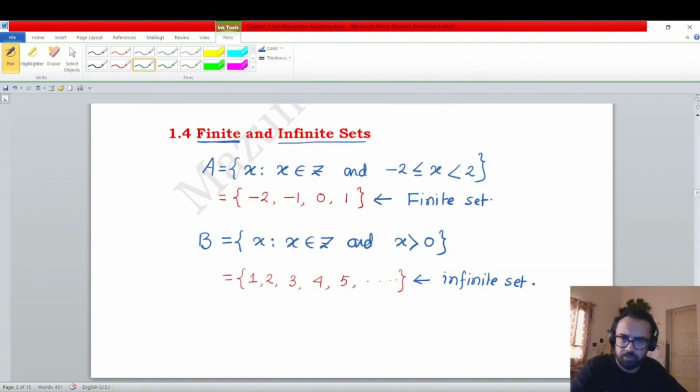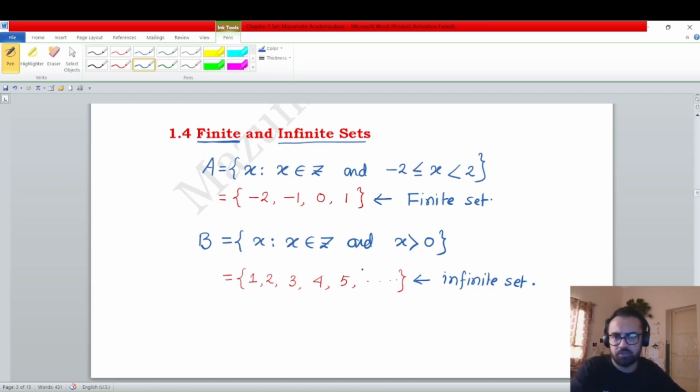There are many examples. The collection of all prime numbers, the collection of even numbers, the collection of odd numbers. These all are infinite sets. And if the set has a finite number of elements, then that set is called a finite set. I hope it is clear to you.